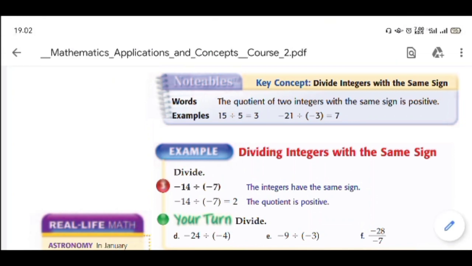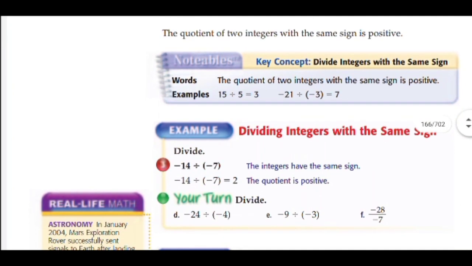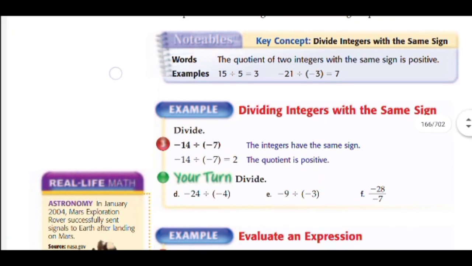The quotient of two integers with the same sign is positive. Example: 15 divided by 5 is 3.